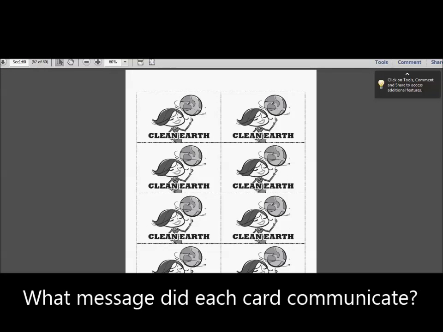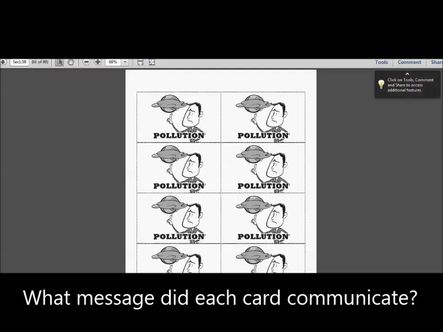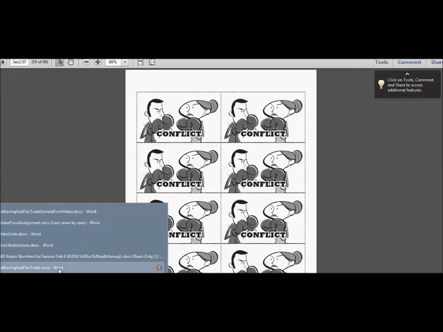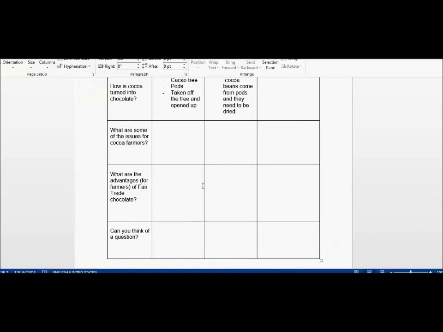And then you also sometimes picked up a clean earth card, a pollution card, a cooperation card, or a conflict card, depending on which group or which kind of partnership you were in, which kind of farming you were doing. You could take all of the information about advantages for farmers of fair trade chocolate and issues for cocoa farmers, and you could start jotting down the things that you remember from playing that game.